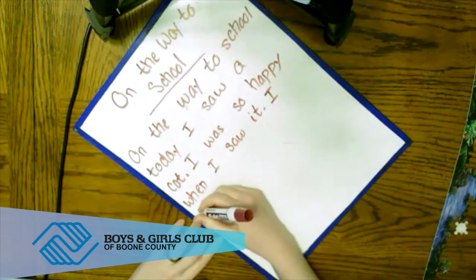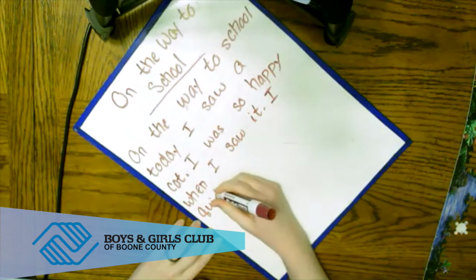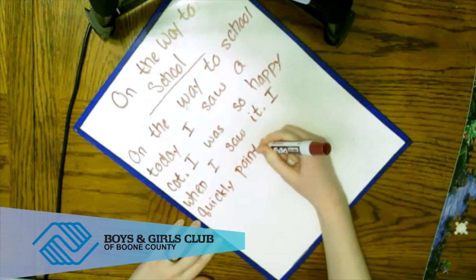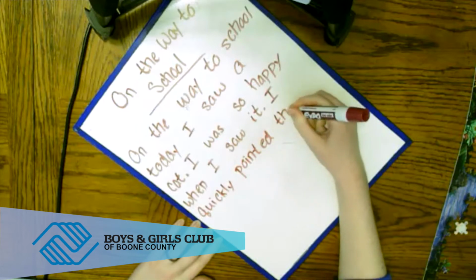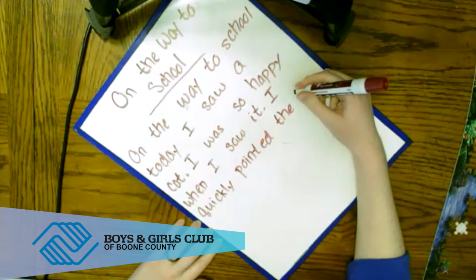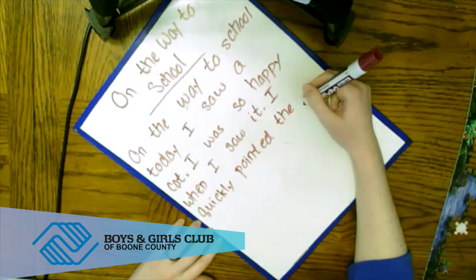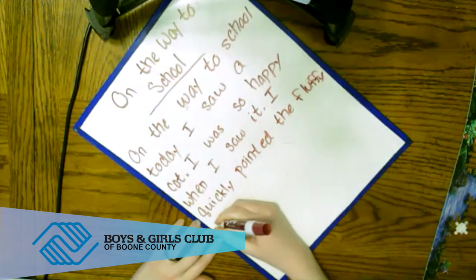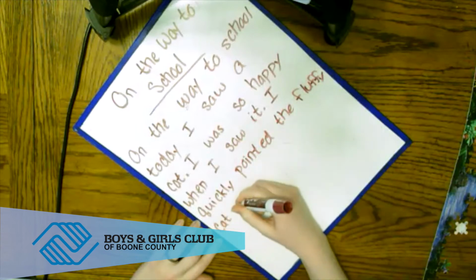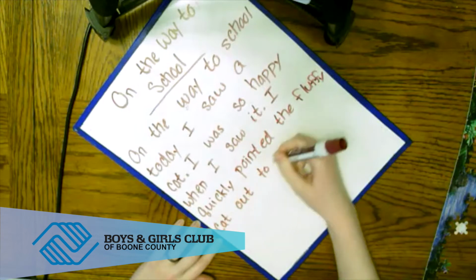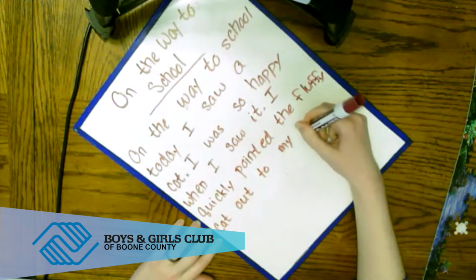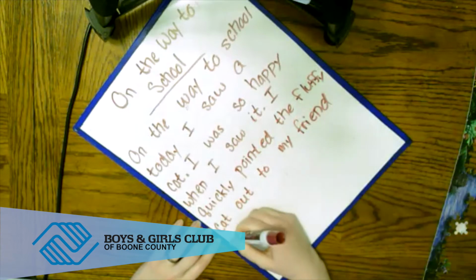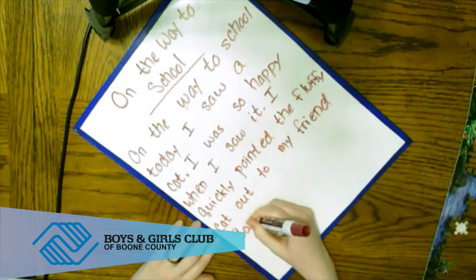So let's say I quickly pointed the, let's say, because we're just choosing an adjective for now, so we'll say fluffy cat out to my friend. And we're just going to pick a name. So my best friend's name is Sam. So I'm going to put Sam in there for now.